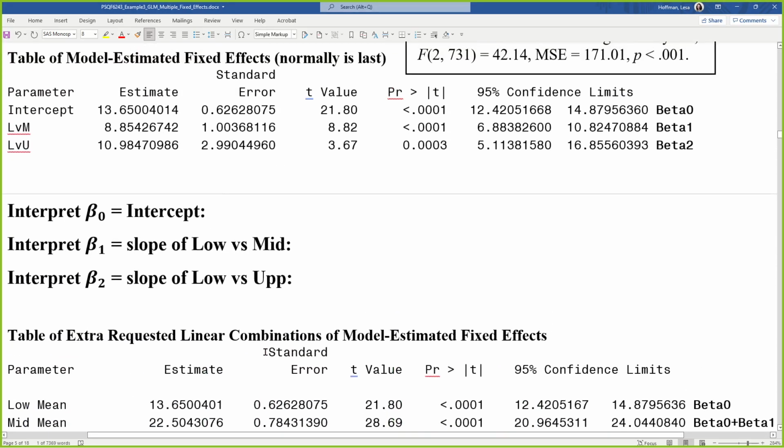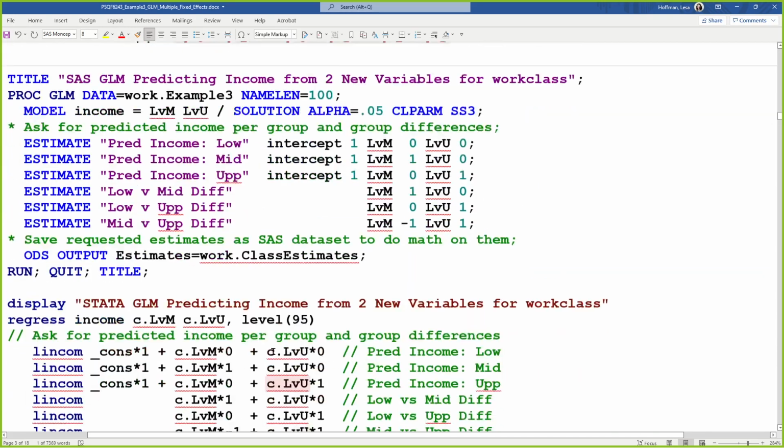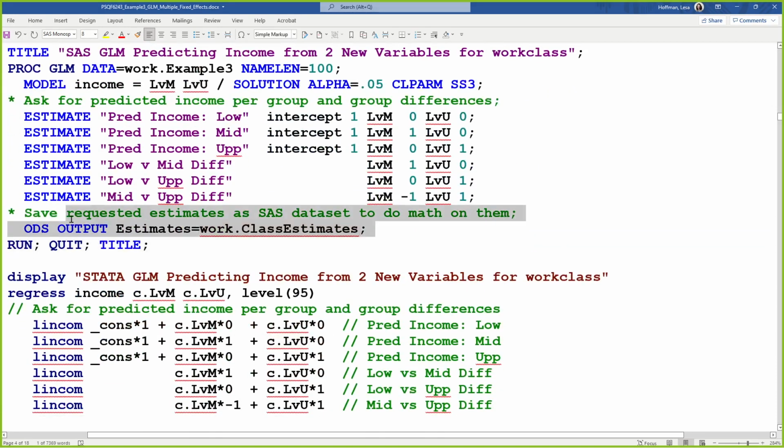So first up, in SAS, we'll go in order here. This command right here, that's new. ODS Output stands for Output Delivery System. It is a way that you can take the result tables and save them as SAS datasets so that you can do math on them. It's what happens in R already.